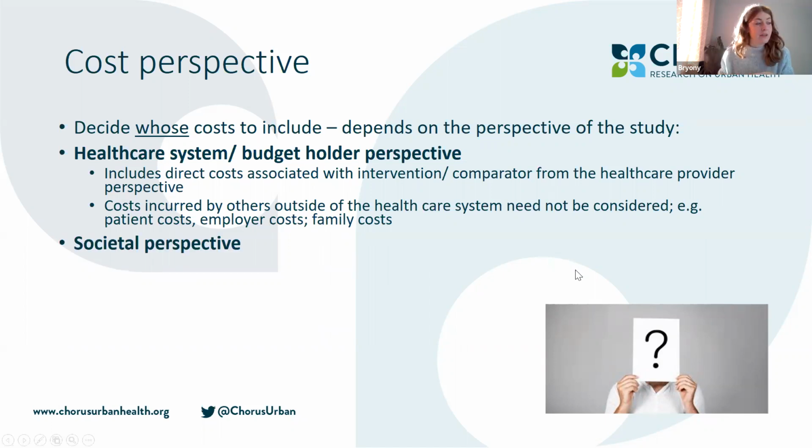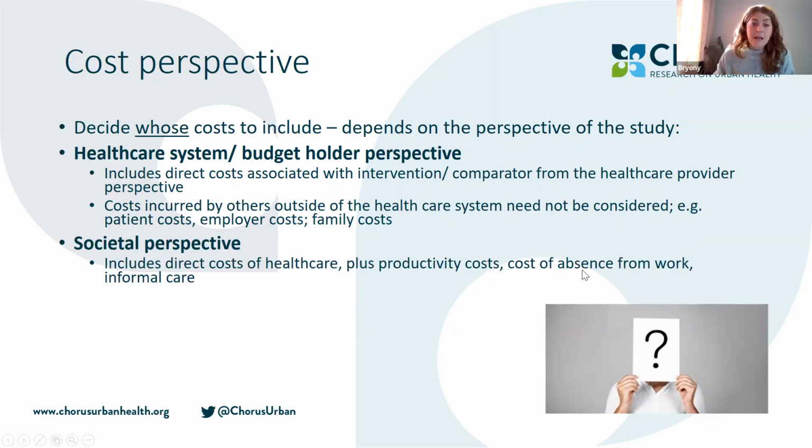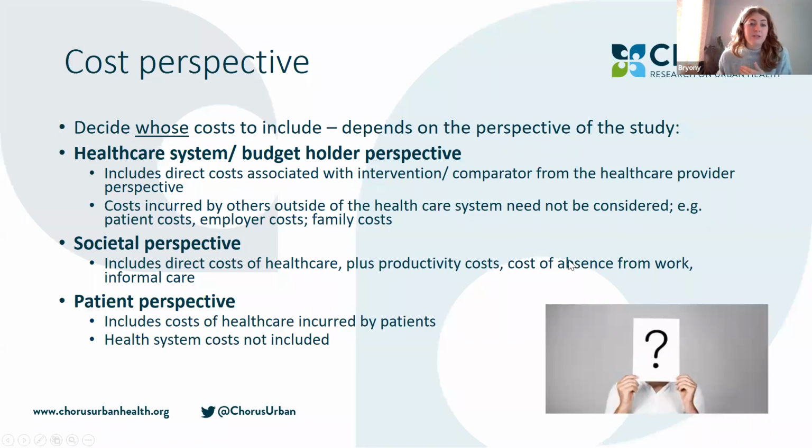The societal perspective includes the same direct costs of healthcare plus productivity costs, costs of absence from work, and informal care. So this perspective takes a broader view on the costs at a societal level, and so can be useful in informing policy decisions. The patient perspective includes cost of healthcare incurred by patients and can include direct and indirect costs, but the health system costs are not included.